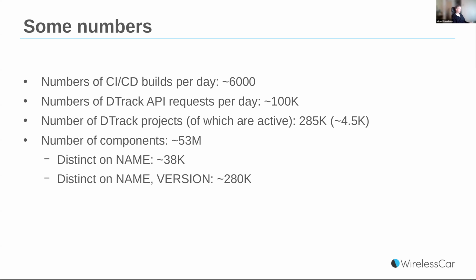This is just pure numbers from the database again. So 53 million rows in the components table, which corresponds to roughly 38,000 distinct component names and 280,000 distinct component versions, for those that are interested in such numbers.